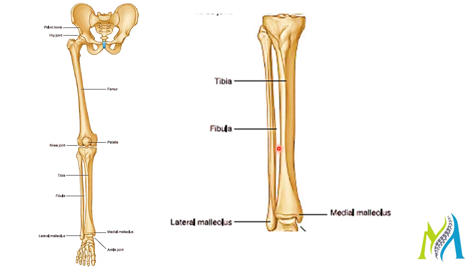Now the two bones are connected together by a very thick membrane called the interosseous membrane. As well, the fibula articulates with fibrous joints with the tibia at its proximal end, called the proximal tibiofibular joint, and inferiorly another fibrous joint, called the distal tibiofibular joint.